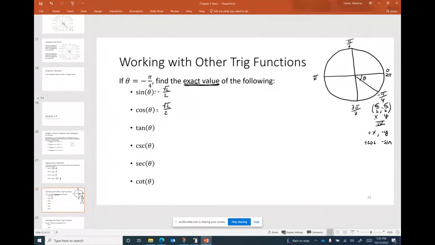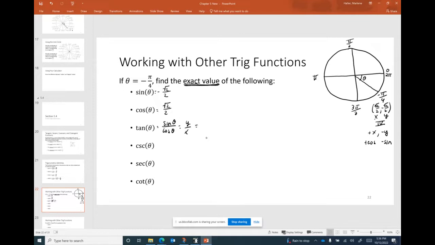All right. So the tangent, we can think about the tangent in terms of its identity definition. Its identity definition says it's the sine of theta over the cosine of theta, or we can think about it as its ratio definition. As its ratio definition, it's y over x. It doesn't really matter in this case how I deal with it, since the sine is y and the cosine is x.